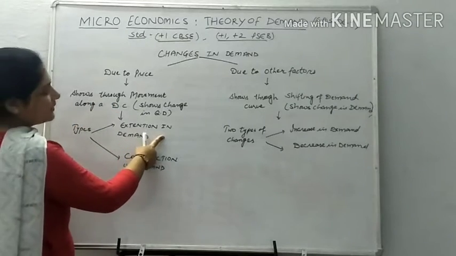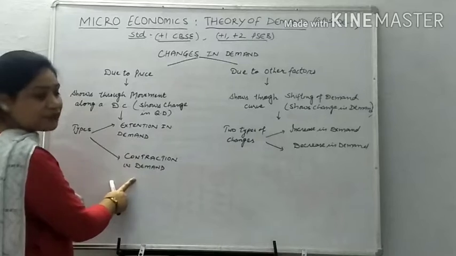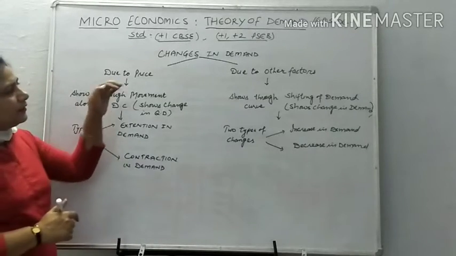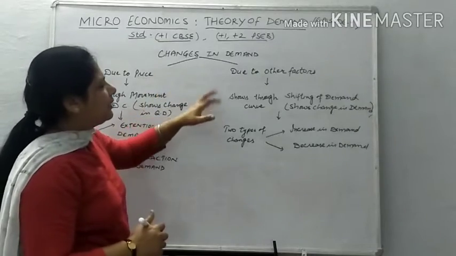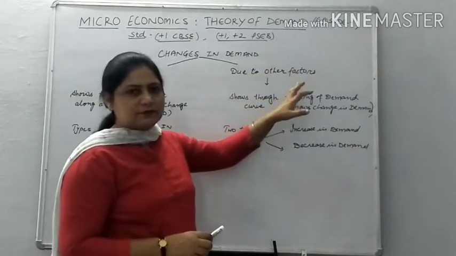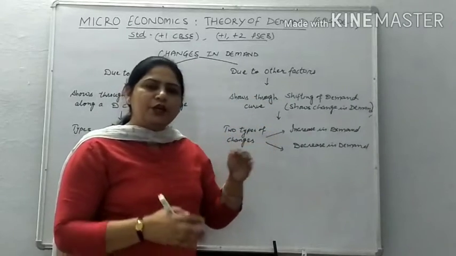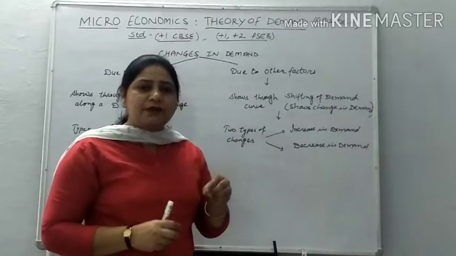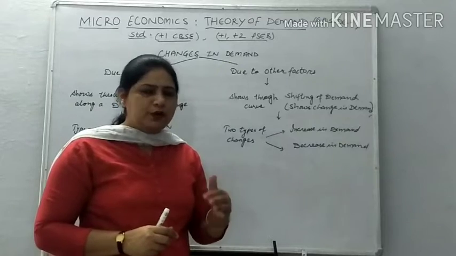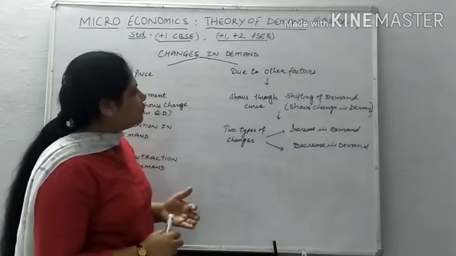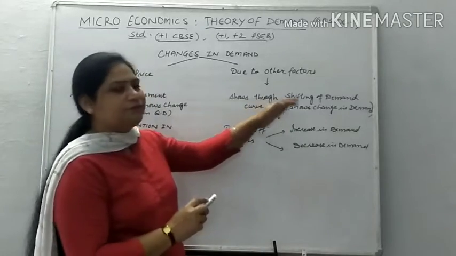Firstly, there is extension in demand, and the other is contraction in demand. But the second kind of change in demand occurs due to other factors. If there is a change in demand of a commodity due to other factors that can affect demand according to the demand function that we have read earlier, it is shown through shifting.